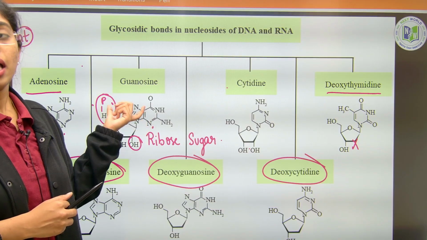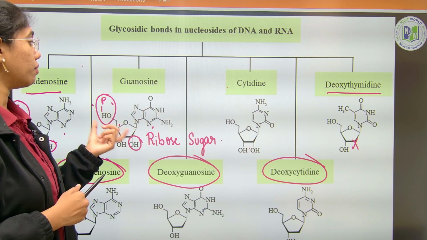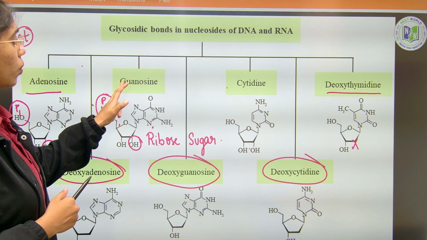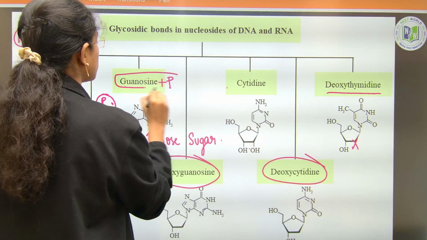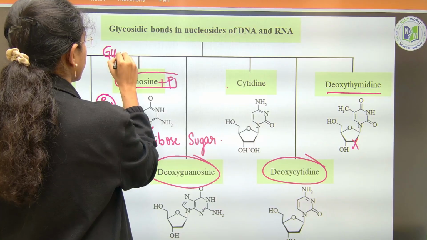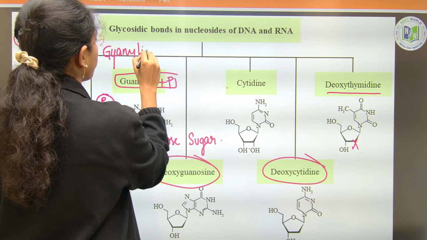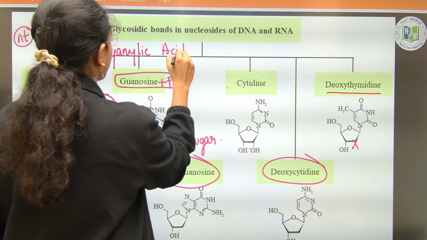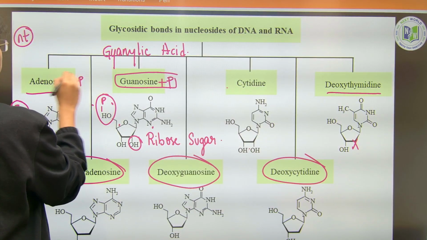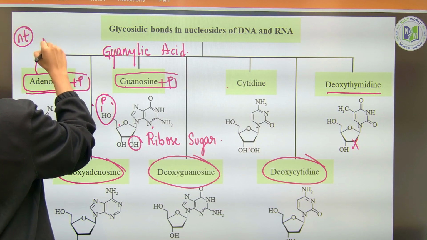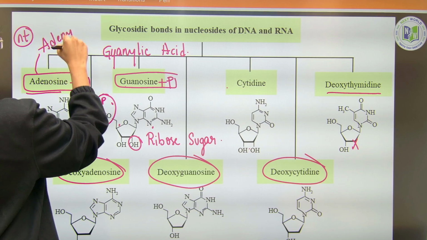Negative charge. That is why DNA is negatively charged. Guanosine plus phosphate group is guanylic acid. Adenosine plus phosphate group, adenylic acid.